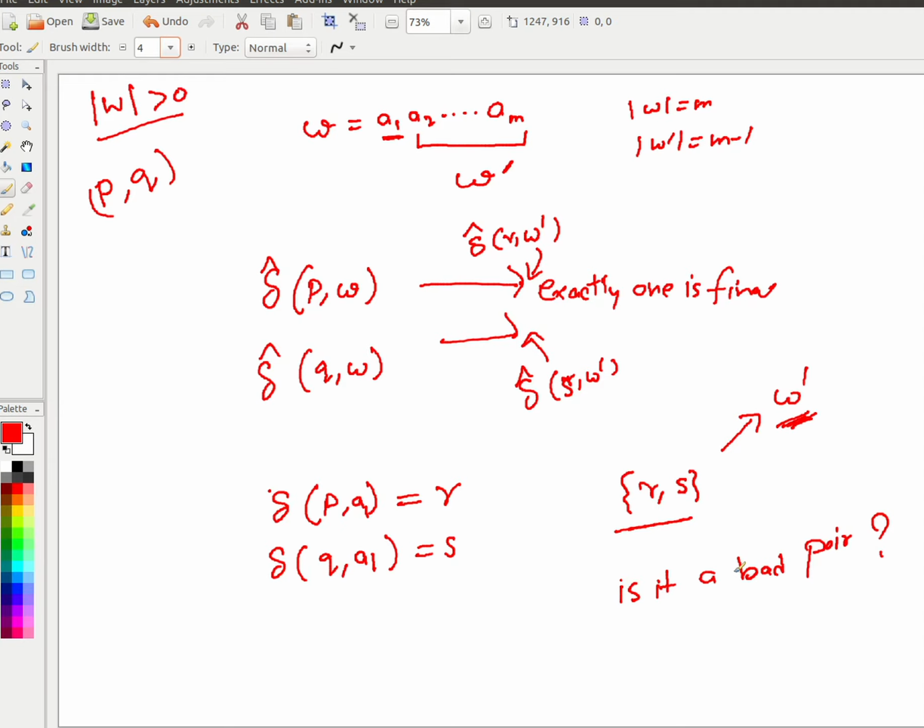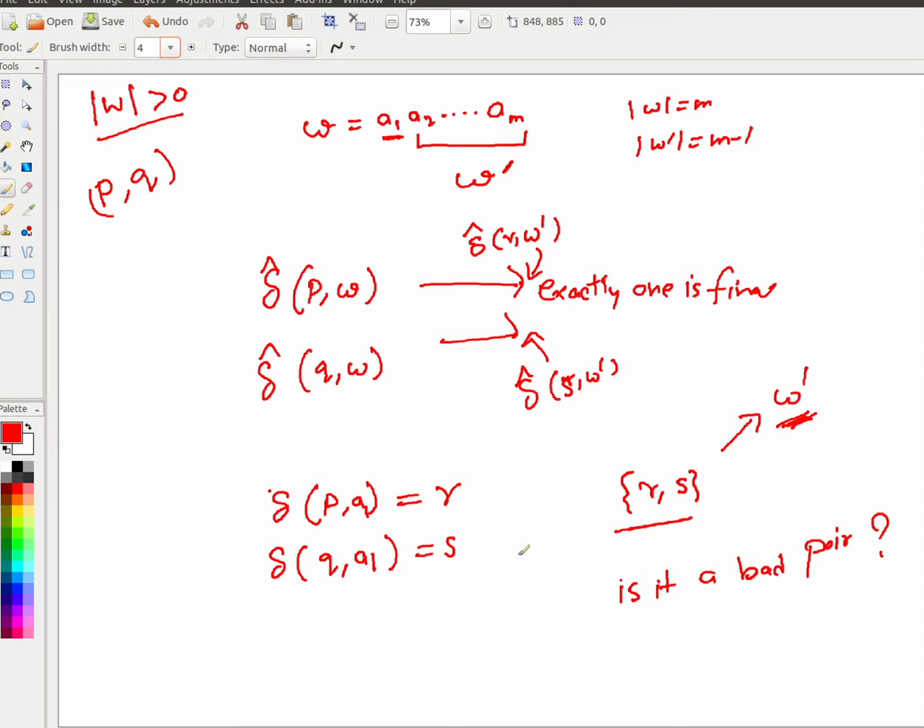Good, very good. I think that's what I wanted to convey. You said that P and Q is such a bad pair that it is distinguishable by the smallest length string. So W is the smallest possible string that can give you a bad pair. When you get a W dash which distinguishes R and S, the length of W dash is less than M, so certainly it cannot be a bad pair.